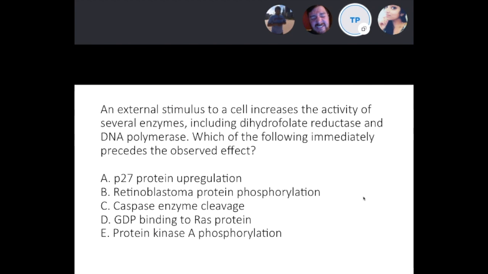Okay, so the answer is B. What they're trying to get us to think about in this question is that it's very broad and minimal information is given, but they are telling us that there is an external stimulus and there is increased activity of these enzymes. These enzymes are normal.